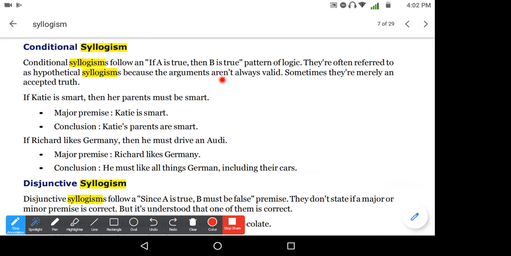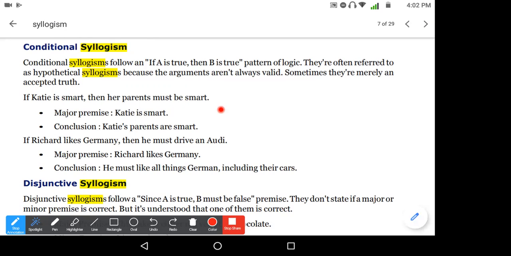They are often referred to as hypothetical syllogisms because the arguments aren't always valid. So sometimes they are merely accepted truth. So let's see an example. If Katie is smart, then her parents must be smart.